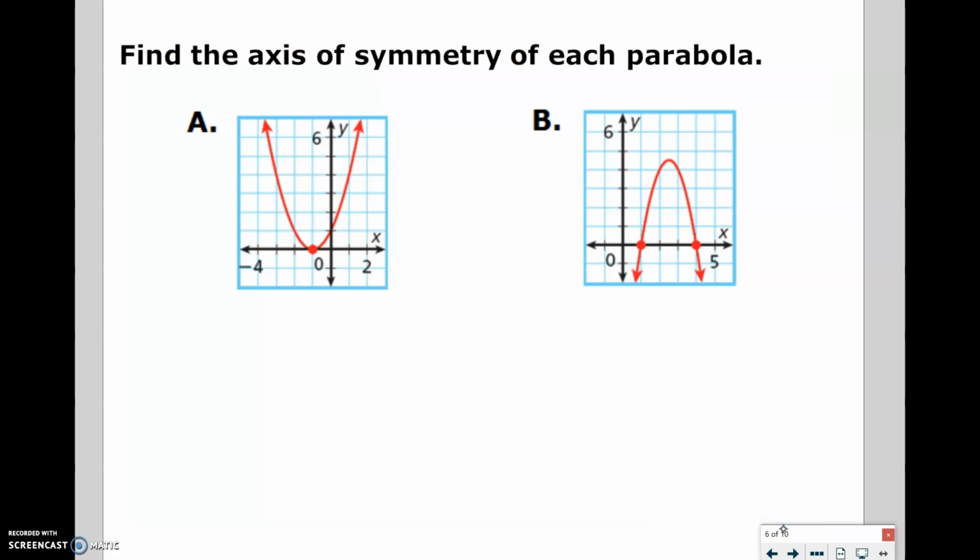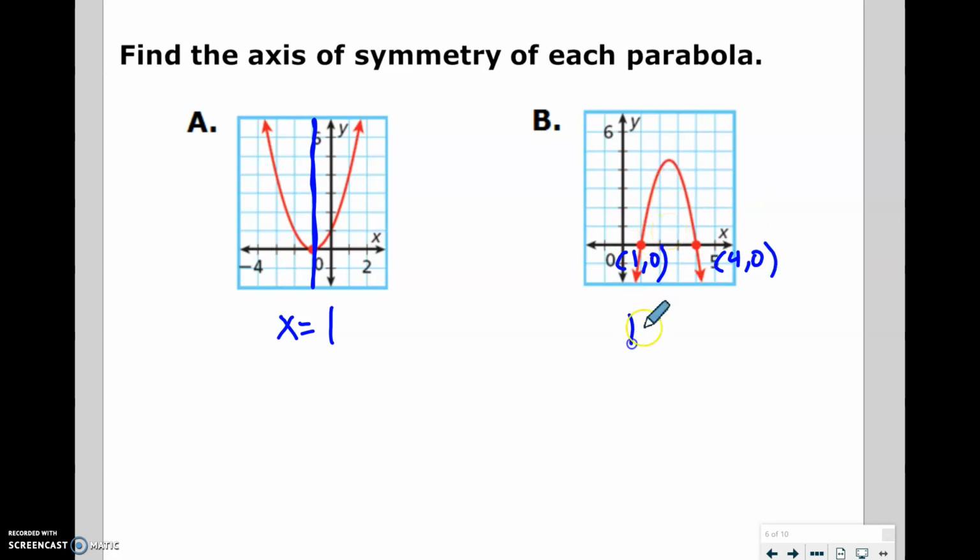So with the graph here, for A, we're going to have the axis of symmetry going through that vertex right here. So it's going to be at x is equal to 1. And then this parabola on B has two zeros, so I know that the axis has to be halfway between them. I'm going to look at the points here, which would be 1, 0 and my other point at 4, 0, because this one's a little harder to see where it crosses.